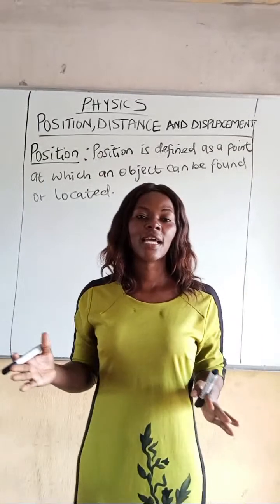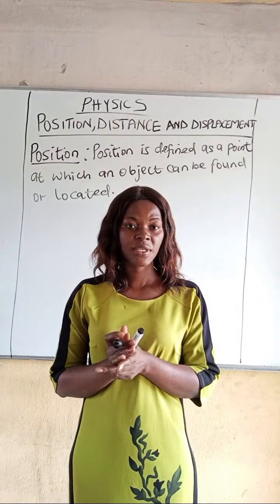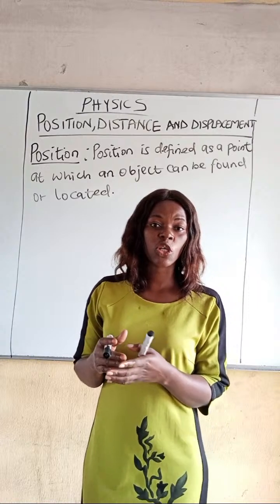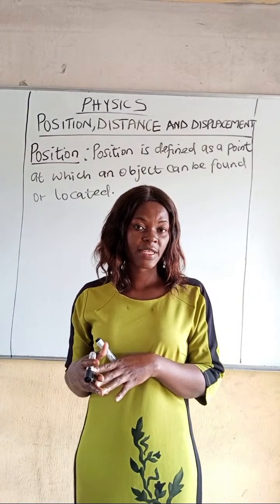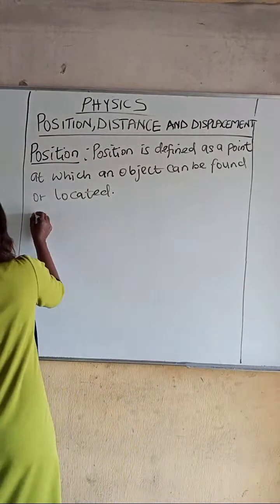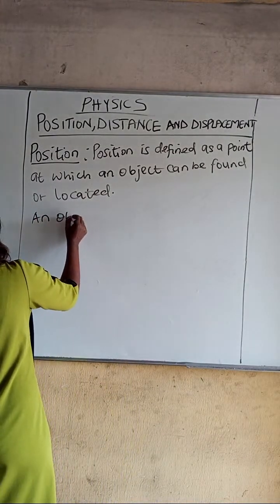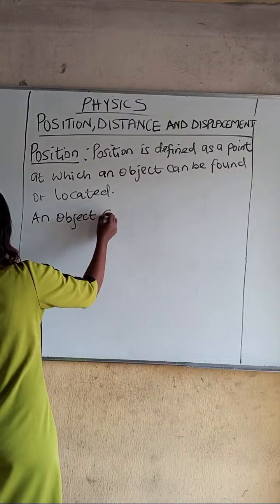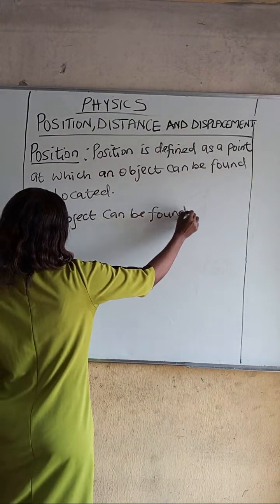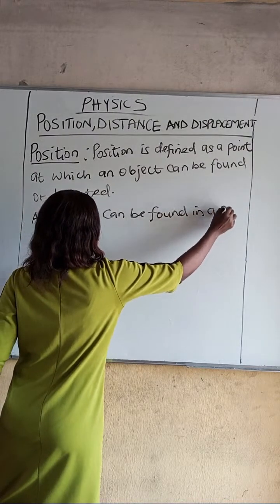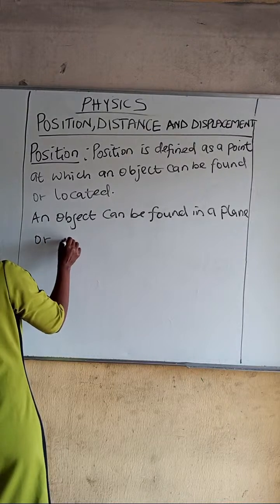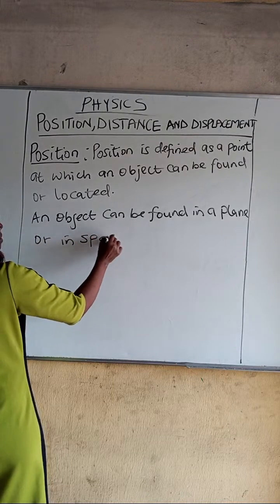Now, an object can be found on a plane or in space. What is a plane? A plane has just two coordinates, for example, x and y. So an object can be found in a plane or in space.